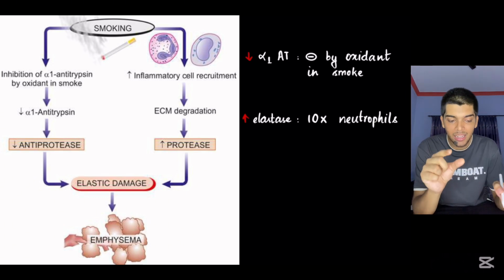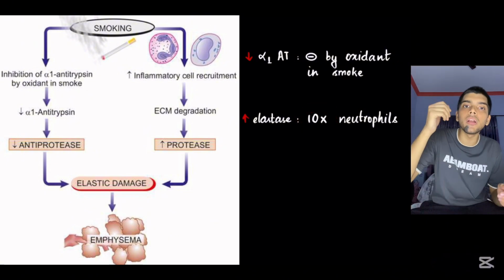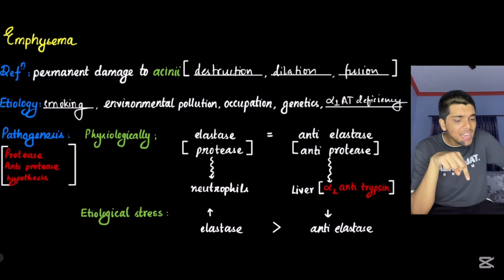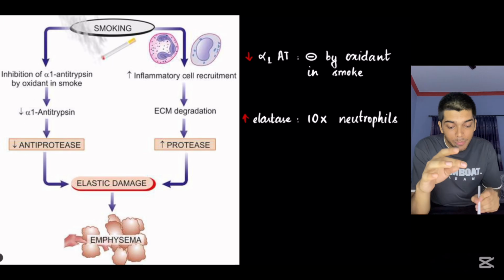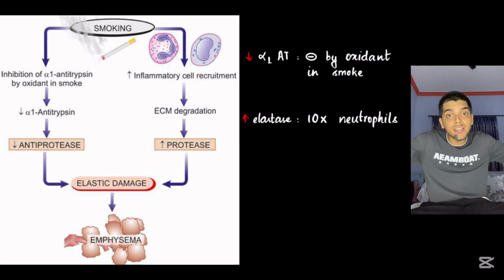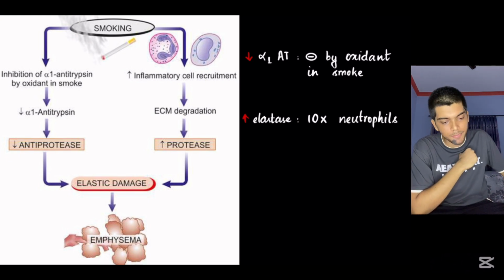It is said that smoking results in a 10 times increase in the number of neutrophils. And if I remember correctly, previously I said that it is the neutrophil that produces elastase. That means 10 times the number of neutrophils, 10 times the amount of elastase. So there is an immense increase in elastase.